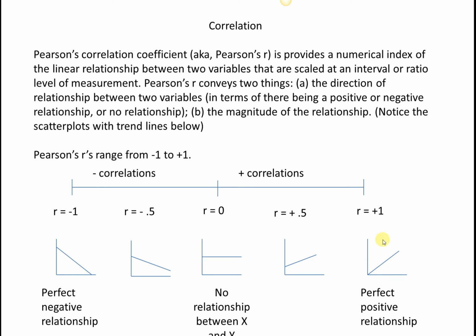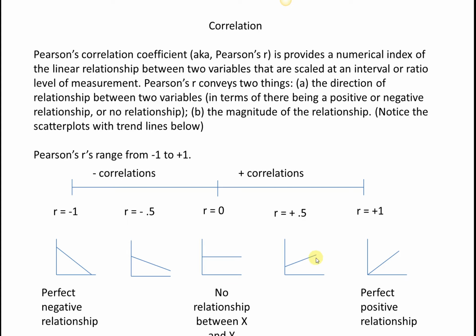In terms of a positive one, it's a perfect positive relationship between the two variables. You can see in between the negative relationship that you see right here for an R value equal to -0.5, it's a little flatter than it was right here, but not quite as flat as we would see with no relationship. So this is denoting a weaker relationship than what we would have if we had an R value equal to -1. But certainly this is a stronger relationship than an R value equal to 0.